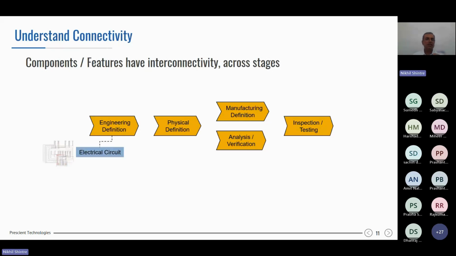Let's consider you are designing an electrical circuit. Engineering definition is where you would define the circuitry and possibly details of each individual component. In physical design, it is more about routing and bundling, because the circuit diagram that we put in the first stage is not enough; you need to figure out how you are going to route those wires, how those wires are going to flow to finally achieve whatever that circuit is supposed to achieve.